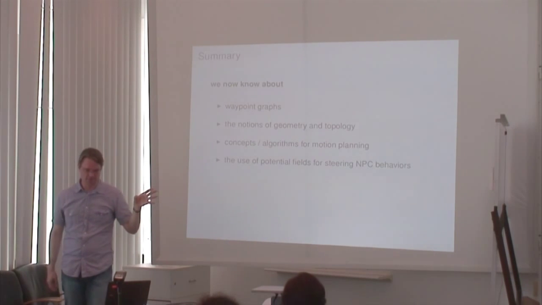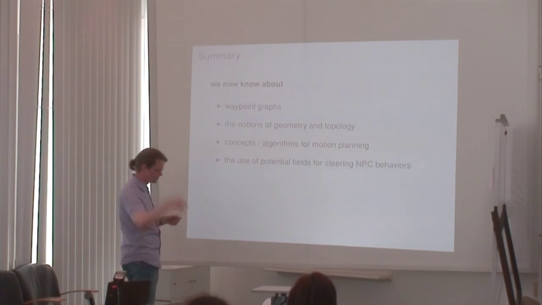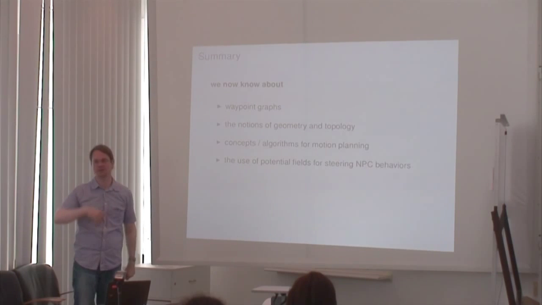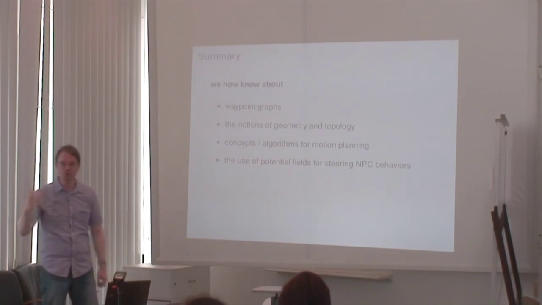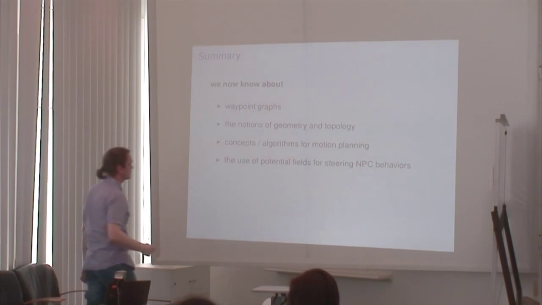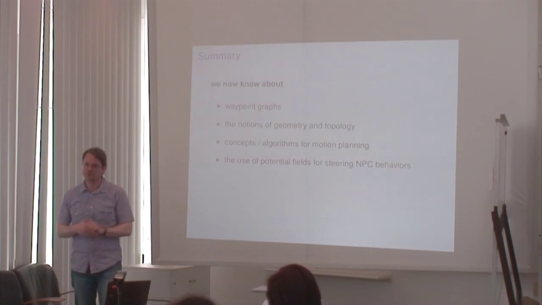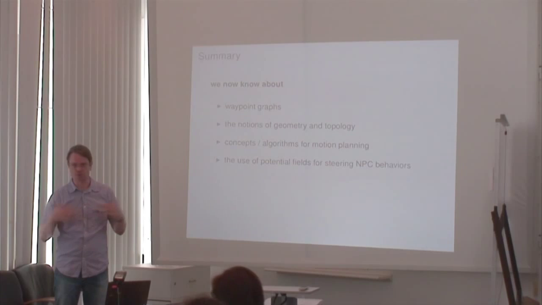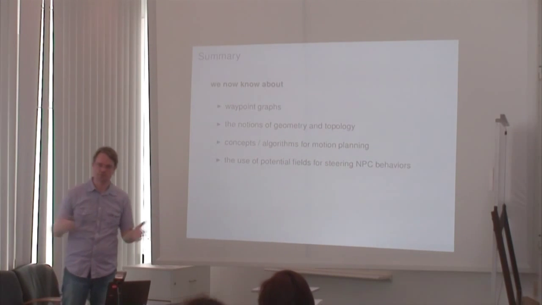We saw that once we had planned the path from some source node to some target node in a waypoint graph, we can use the information in the path to create actual movements of a non-player character, and we briefly discussed the use of potential fields to steer or control the motion behavior of non-player characters. That is what we did today.